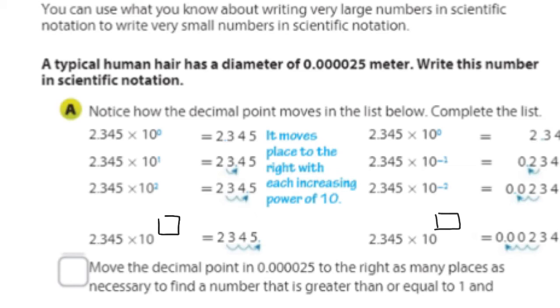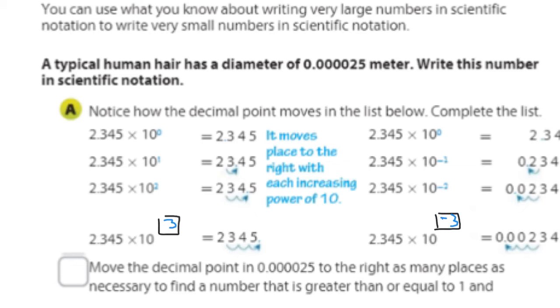I'm going to fill that in with 3, because I noticed that I moved over 3 spaces. In here I also moved 3 spaces, but since I went smaller, as you move to the left you make the number smaller, I can't use the positive 3. I have to use, oh my goodness, I made that block small, a negative 3. So that's what they wanted you to do in those blocks on your page.